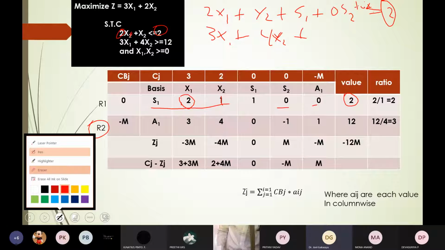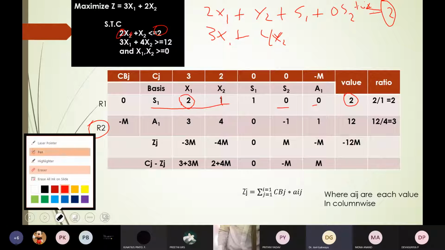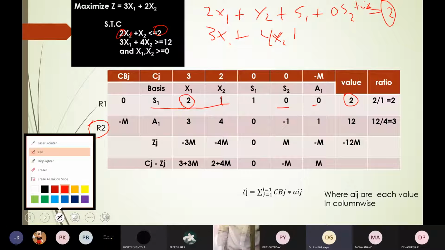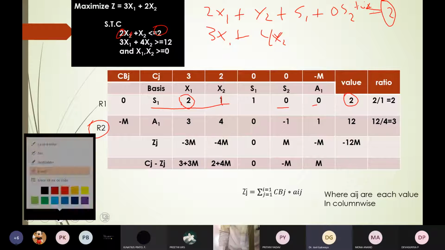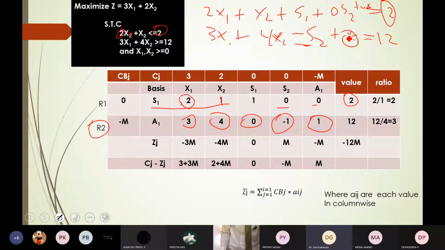We are going to minus, because it is converted from inequality to equality by subtracting the surplus: minus s2 plus a1. This is equal to 12. That's what we have: 3, 4, 0, minus 1 for the surplus s2, and plus 1 for the artificial variable, and the value is equal to 12.